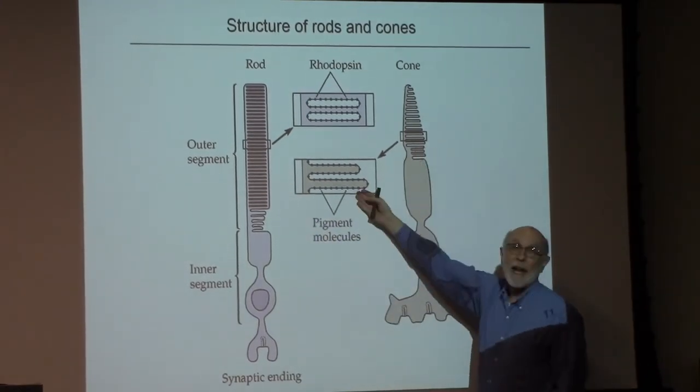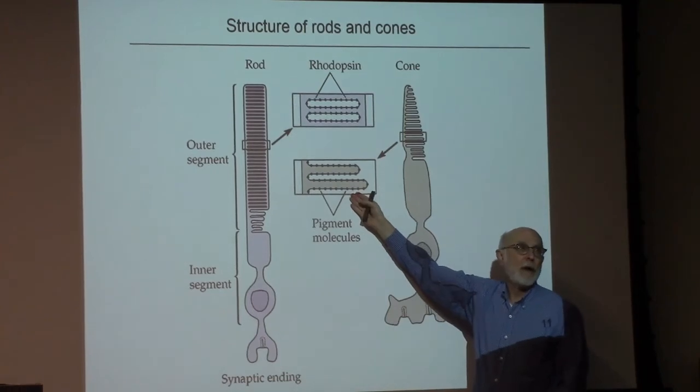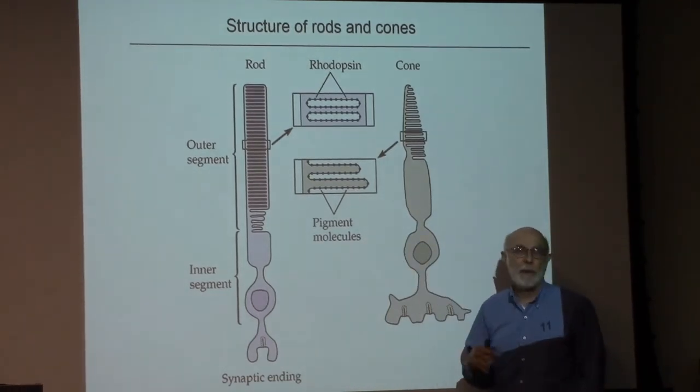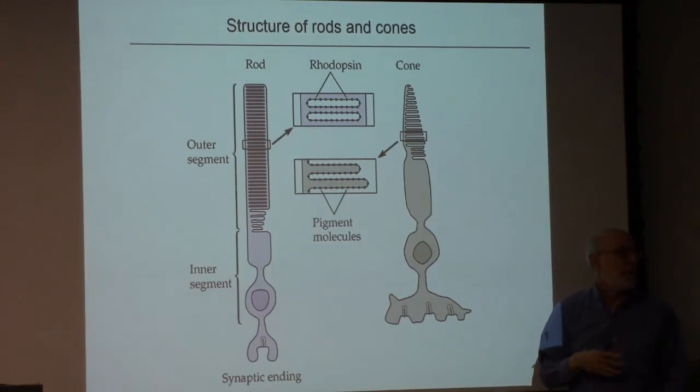In cones, we're going to have the names of other opsins. This slide uses pigment molecules; most people call them opsins. So rhodopsin is the opsin in rods, and then we're going to have other opsins in cones.